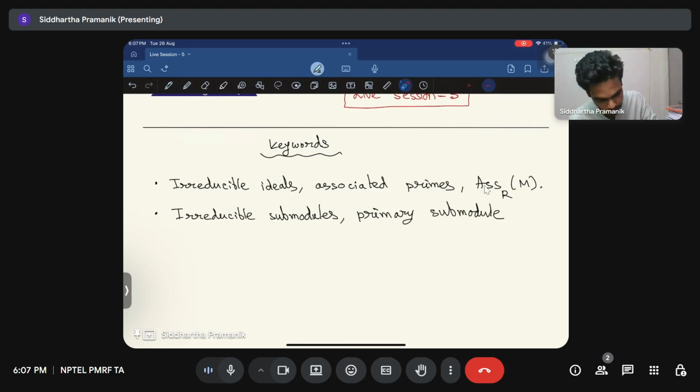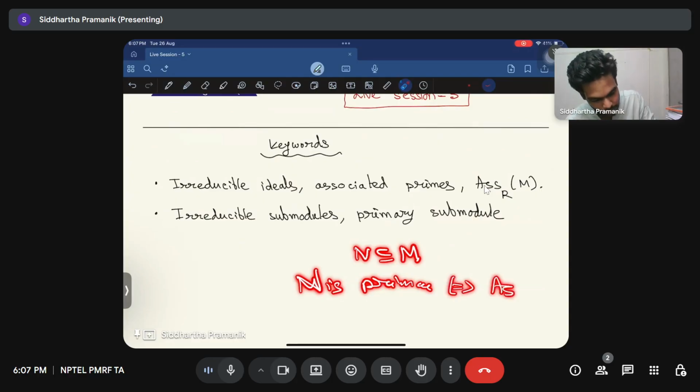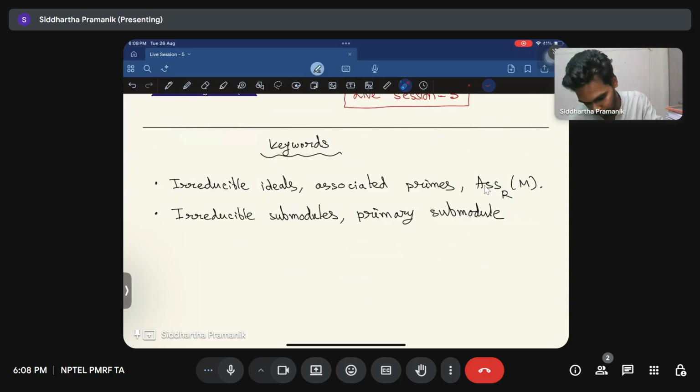So if N is a submodule of M, then N is primary if and only if the associated primes of this quotient module is a singleton set.